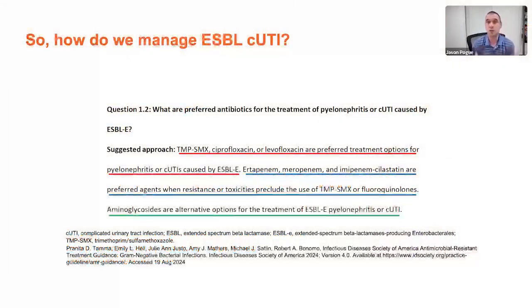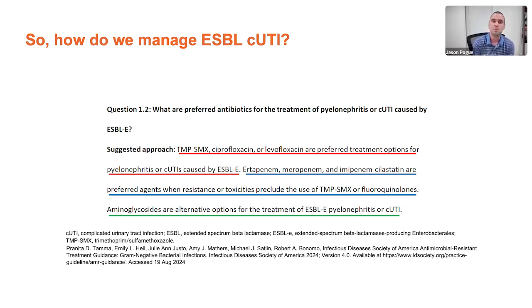So one thing that's really awesome today is that a couple of years ago, the Infectious Diseases Society of America, or IDSA, came up with guidelines for the treatment of gram-negative resistant organisms. If this is at all of interest to you, I would encourage you to take a look at this document. It's freely available on their website.